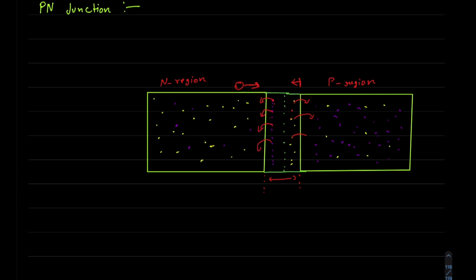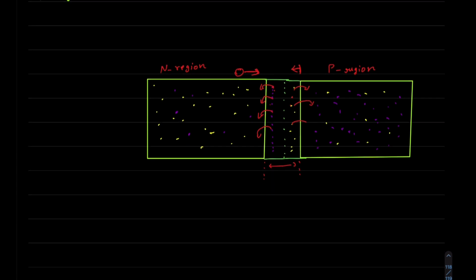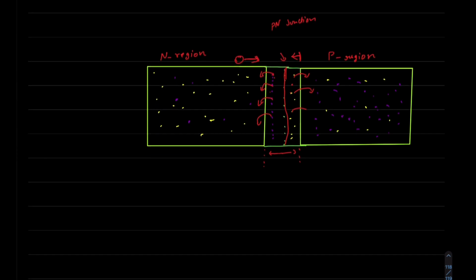And after some time, this whole part becomes completely depleted of any free carriers in comparison to the n and p-type materials further away from the junction. This area around the PN junction, where the p-type and n-type materials meet, becomes depleted of all charge carriers. This area is called the depletion layer.